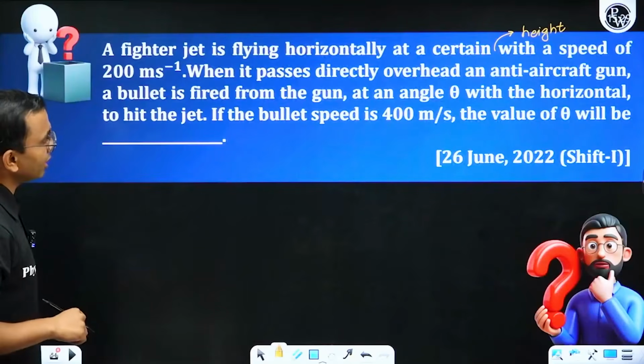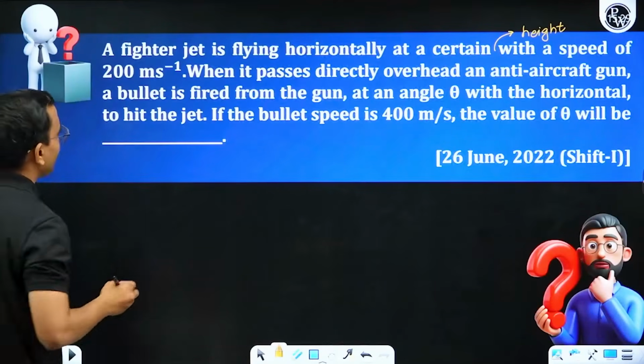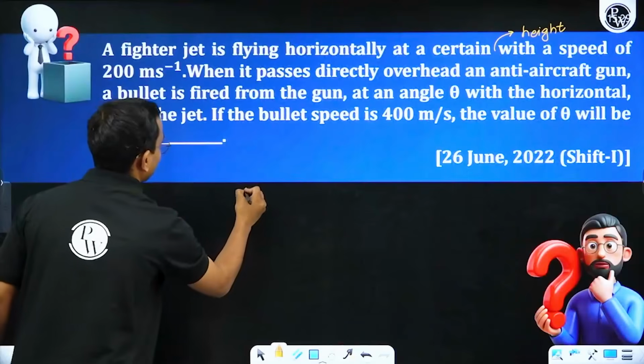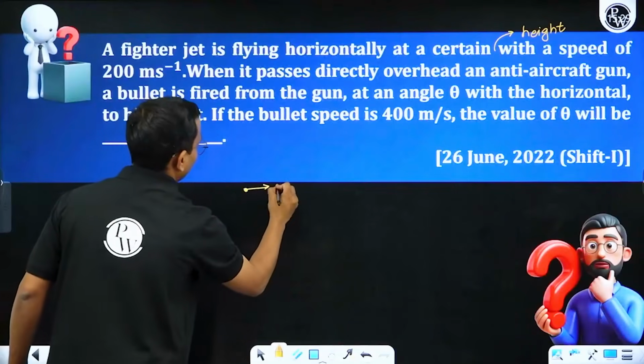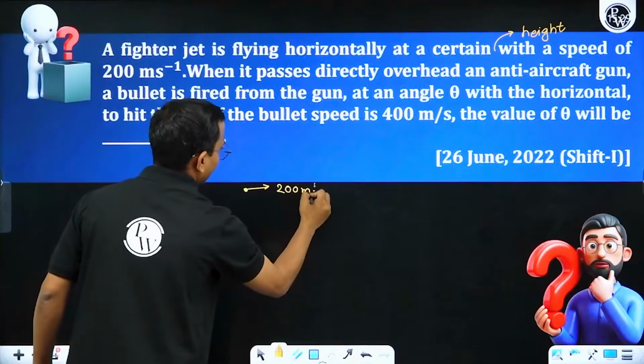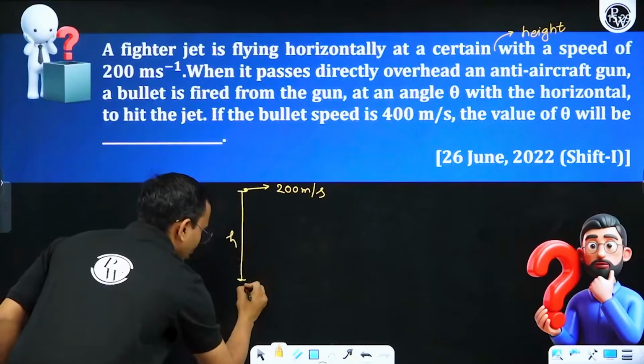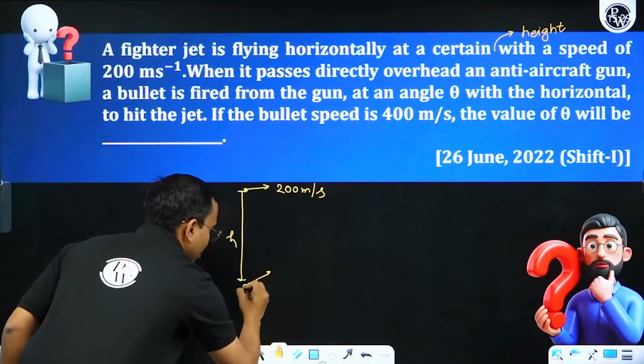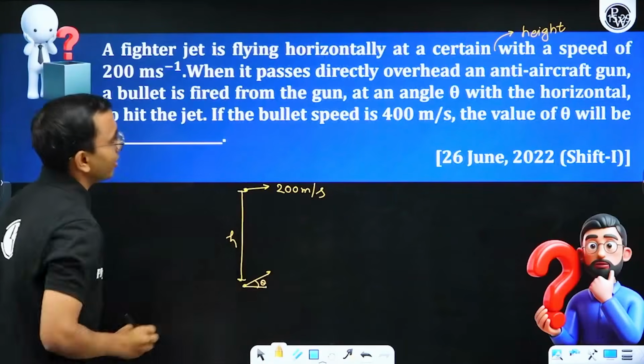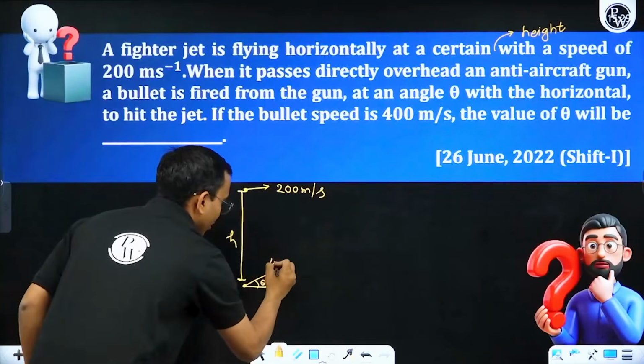If the bullet speed is 400 meter per second, the value of theta should be. Now the jet is, let us take, here, and this jet is moving with velocity 200 meter per second. This is a certain height. You are firing a bullet at some angle theta, and this velocity is 400 meter per second.